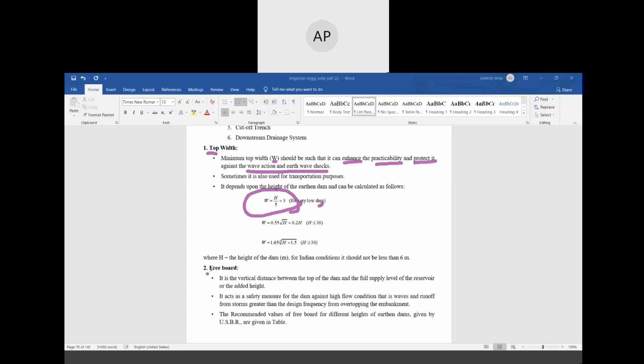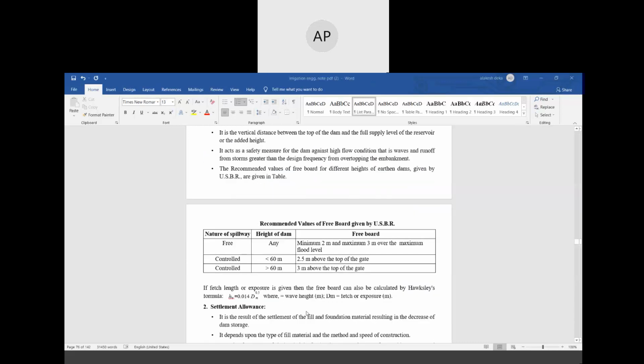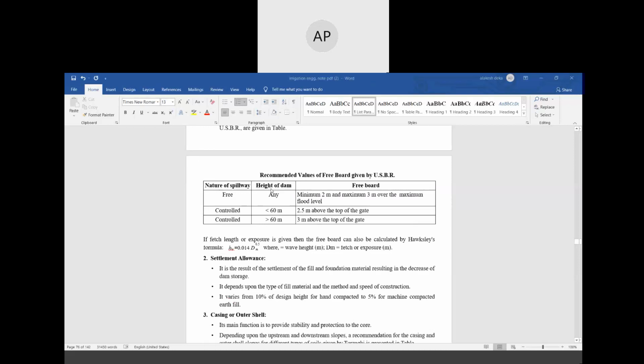Next is freeboard. It is the vertical distance between the top of the dam and the full supply level of the reservoir. So these are the recommendations for freeboard, generally 2.5 meters above the top of the gate.